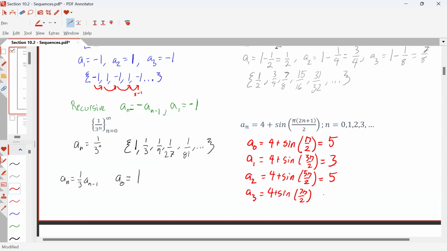And so sine of 7 pi/2 is negative 1, making a sub 3 being 3. So my sequence as a list would look like 5, 3, 5, 3, 5, 3, and so on.